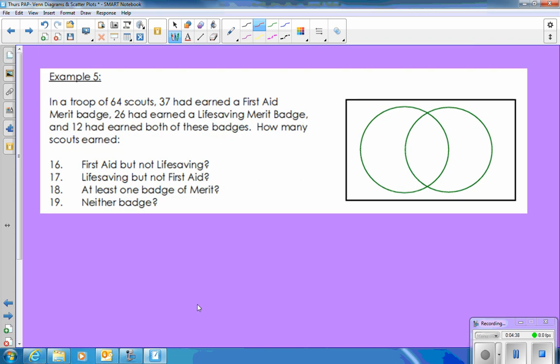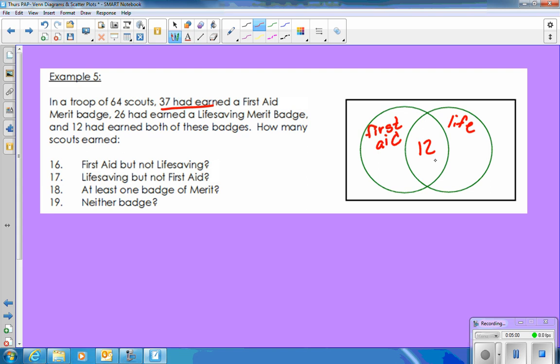Our next example is very similar. It's talking about 64 scouts, 37 earned first aid. So we're going to have first aid. And then we have life-saving. 12 earned both. So first aid had 37, so there should be 37 in the circle.